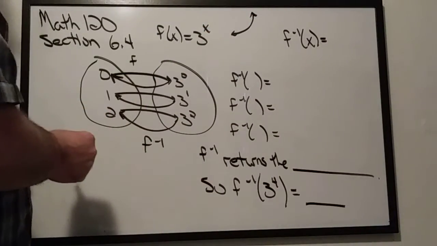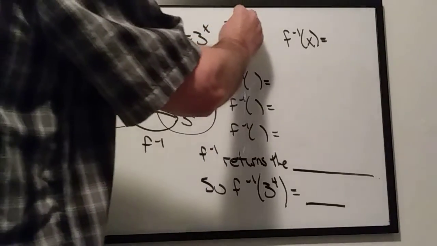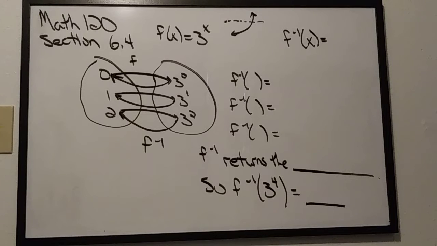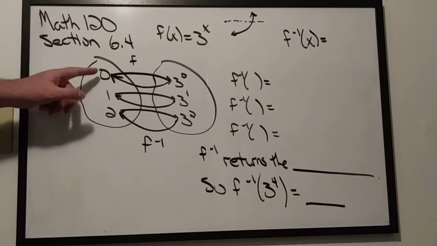So that's the general graph of an exponential, and it passes the horizontal line test, so it's 1 to 1. And because it's 1 to 1, that means then that yes, this function f will have an inverse. So there's a function f out there, and there's a function f inverse out there that will undo whatever f does.